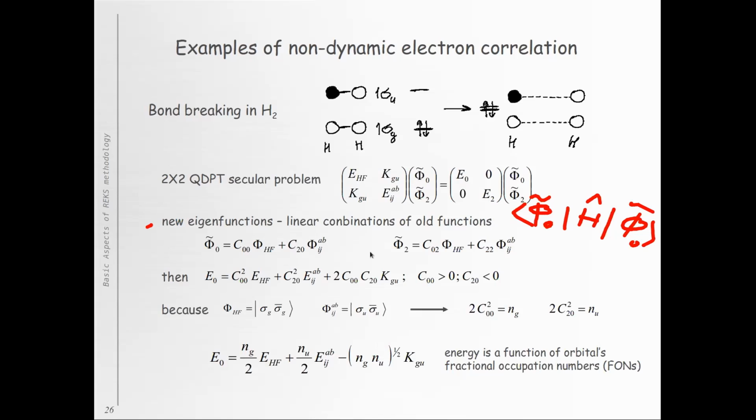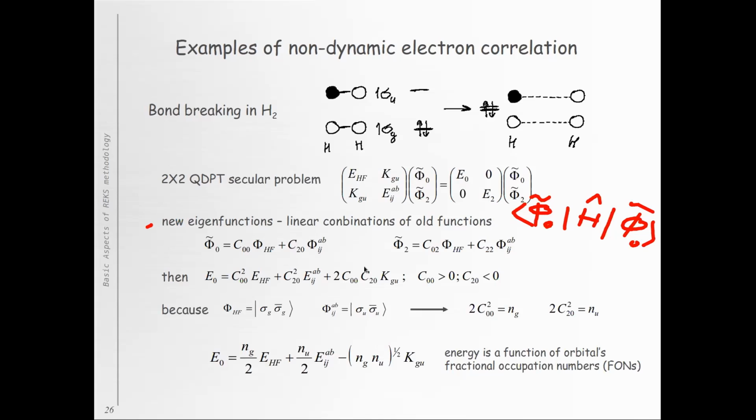The factor in front of the exchange integral is given simply by the square root of the product of the two fractional occupation numbers. So we have the coefficient 2 C0 C2.